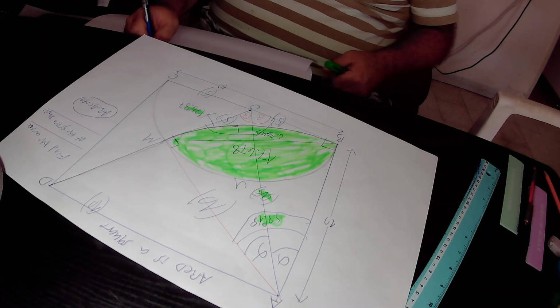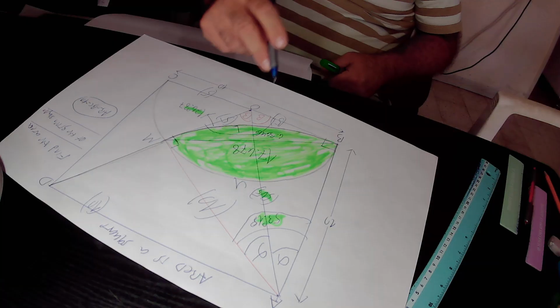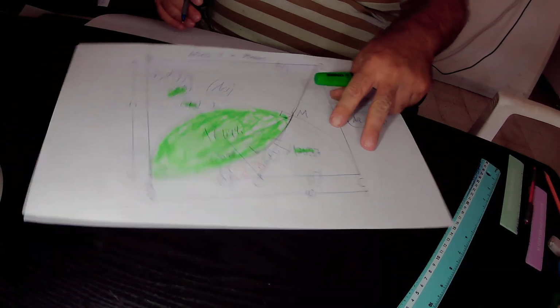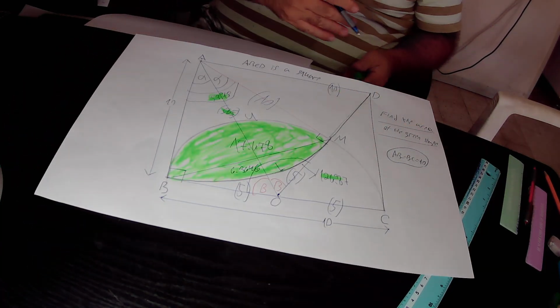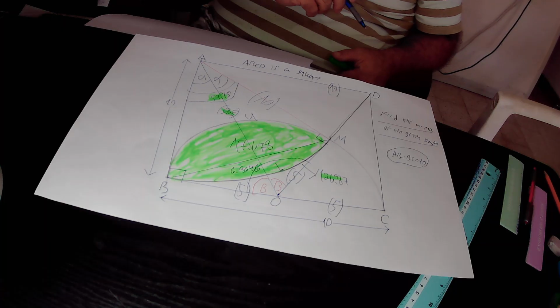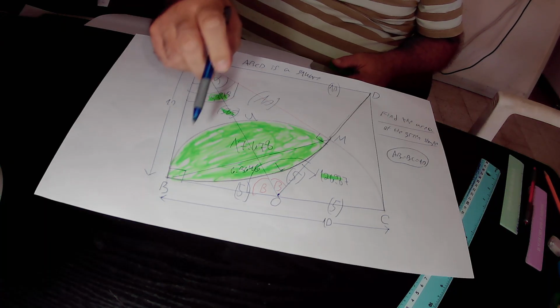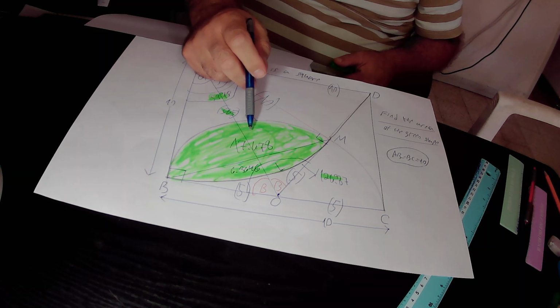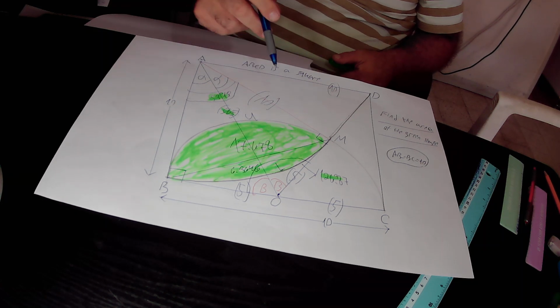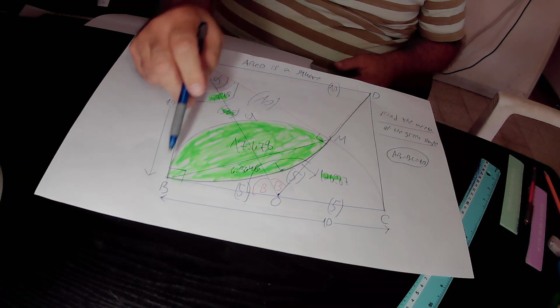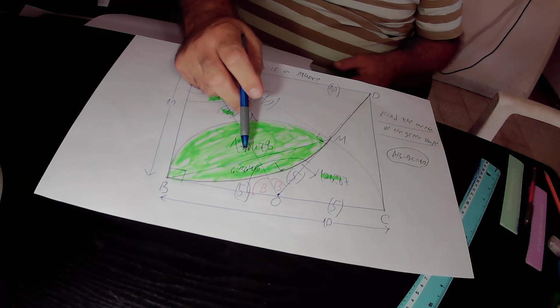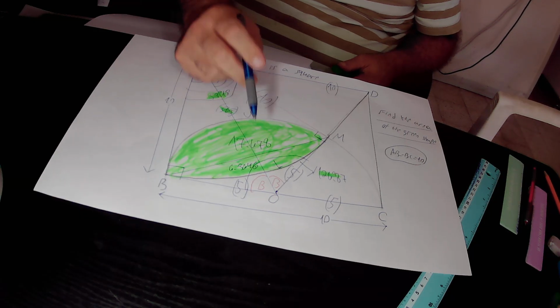Our task is to find the area of this green shape. It is very clear that the area of this green shape equals the area of the upper segment BUM, that is 17.678 square inches in size, plus the area of the lower segment BLM, that is equal to 6.3646 square inches in size.